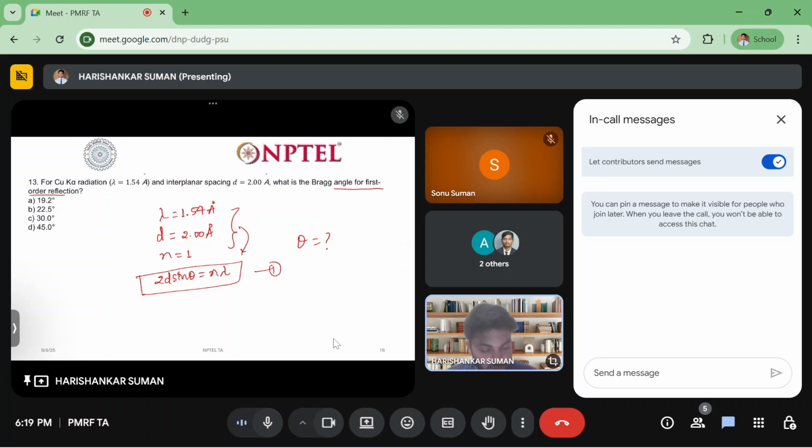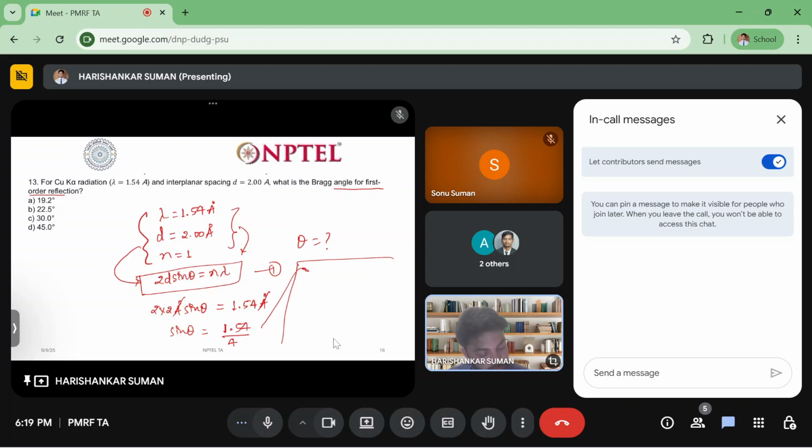So all things are given to you. Use this first equation, the Bragg law. d is given, n is given, lambda is given. You have to find theta. So let's put all these things in the equation. 2d equal to 2 in angstrom, sin theta, n equal to 1. Then sin theta equal to 1.54 divided by 4.